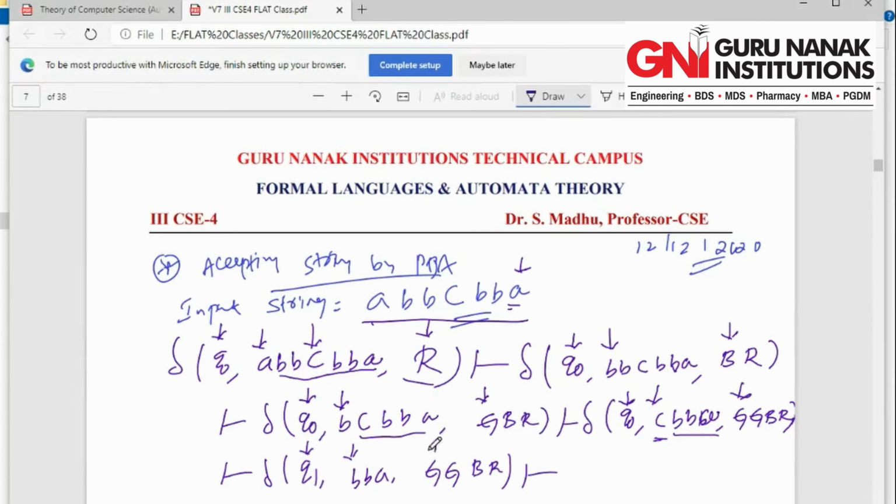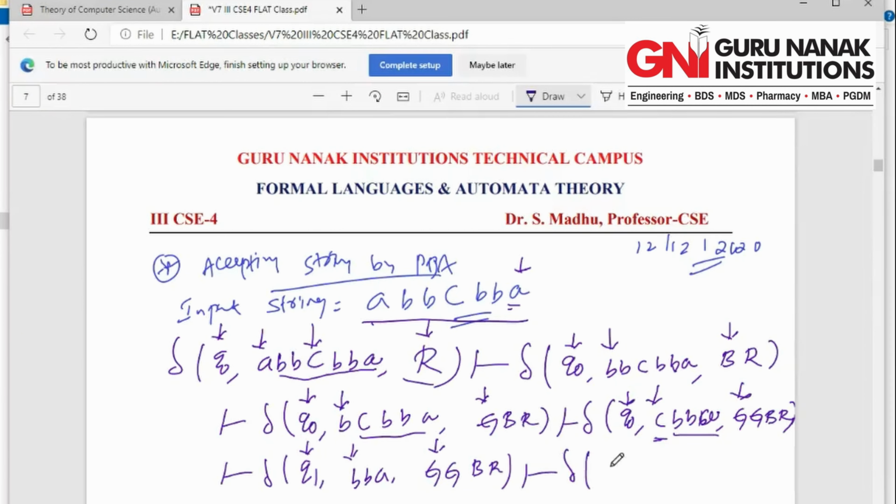Then what is the top of the stack? G. So for removing G, I can use input B. Then what is the next state here? Because using the B symbol I inserted capital G, that is green, the same green can be removed from the stack when the input is B and the PDA is in the Q1 state.